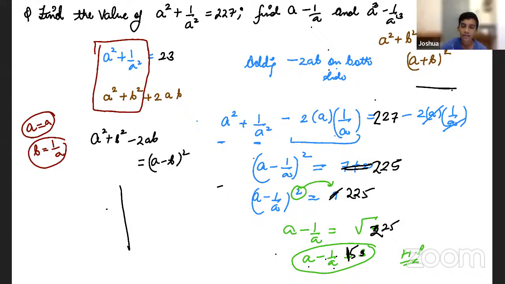I did a cube plus b cube. No, you can't do the a cube, b cube part. Why can't you do it? Because first of all, you have to convert it into a non-power part. Understood?